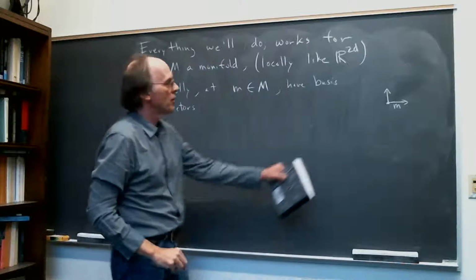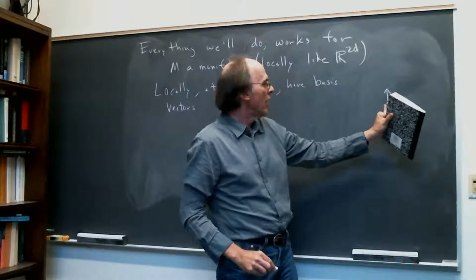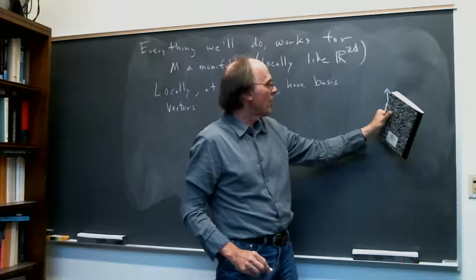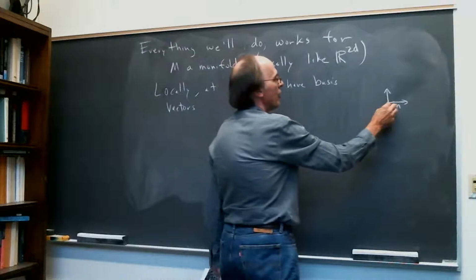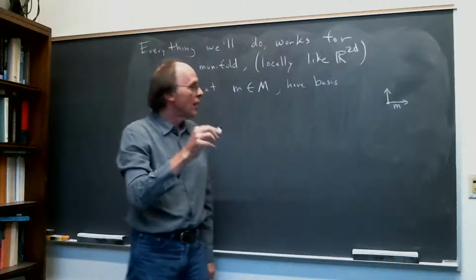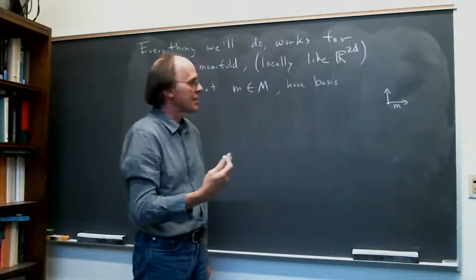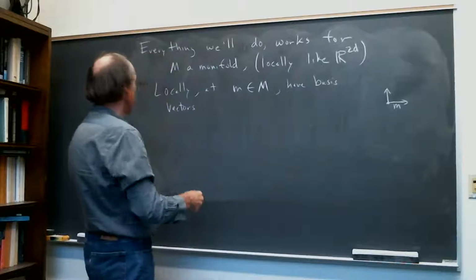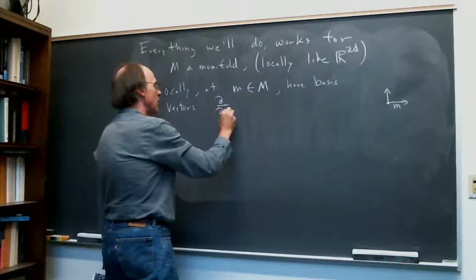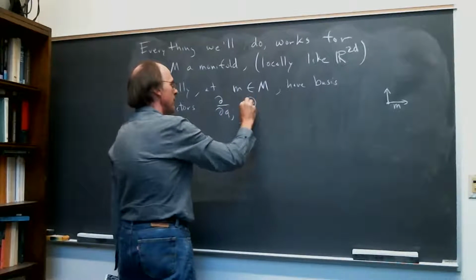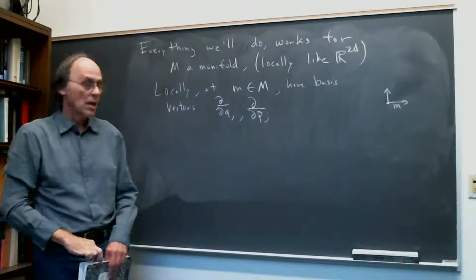You can define vectors in terms of derivatives: if you're moving in this direction and want to know how a function is changing in this direction, it's infinitesimally changing by taking the derivative. So you take as your basis vectors ∂/∂q_j and ∂/∂p_j.